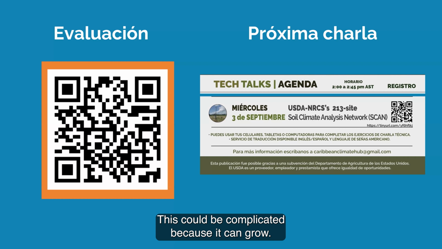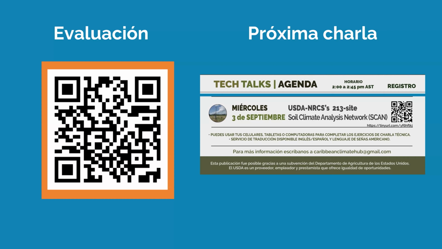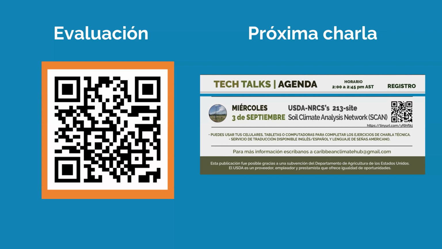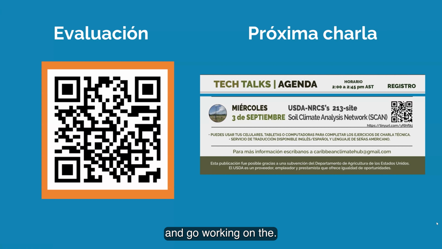This could be complicated because it can grow basically in a diversity of climates and relatively shallow soils. And Puerto Rico is known for its excellence in mangoes. But write in the chat what other crops you would suggest so that we can take them into account and go working on them.